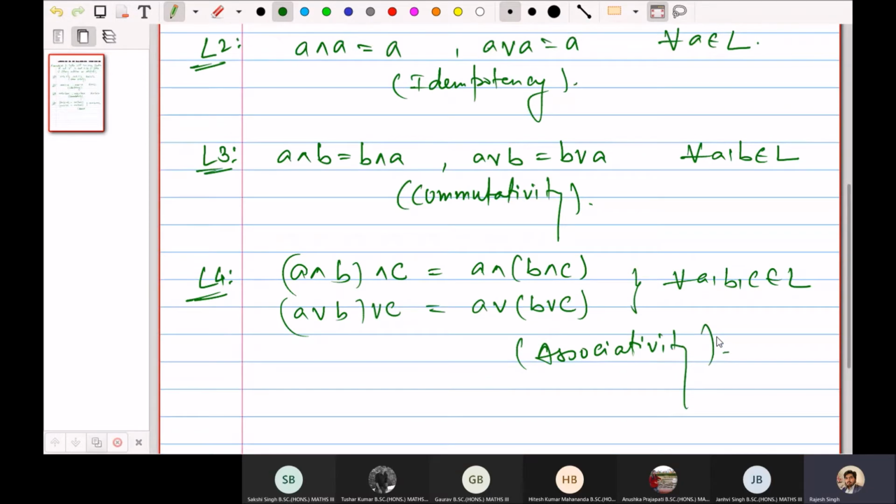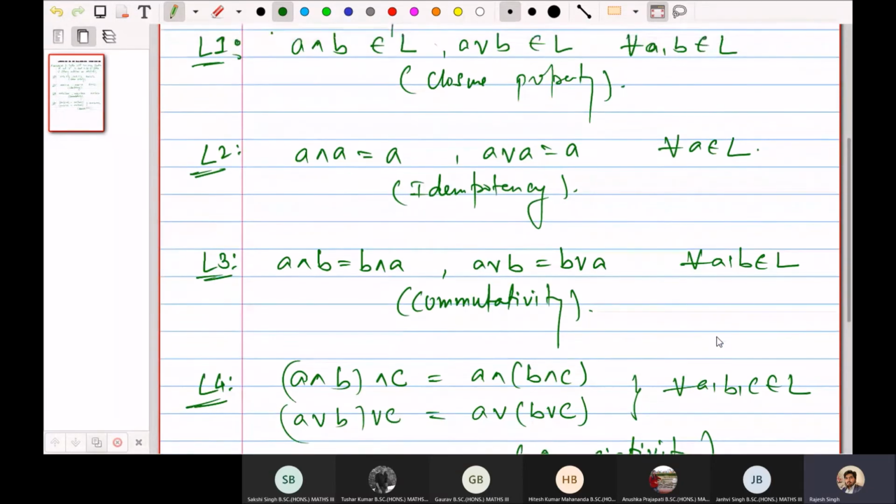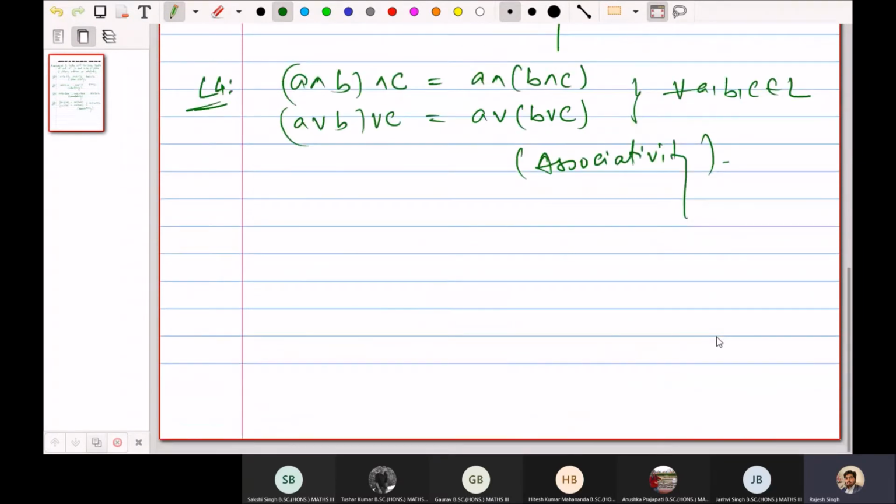So closure should be there with respect to both operations. Idempotency should be there with respect to both operations. Commutativity should be there with respect to both operations. Associativity should be there with respect to both operations.